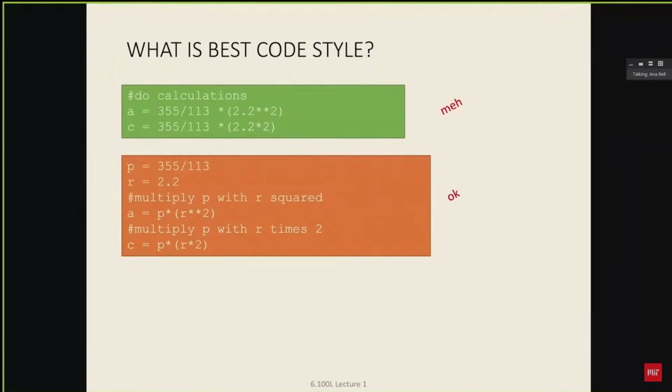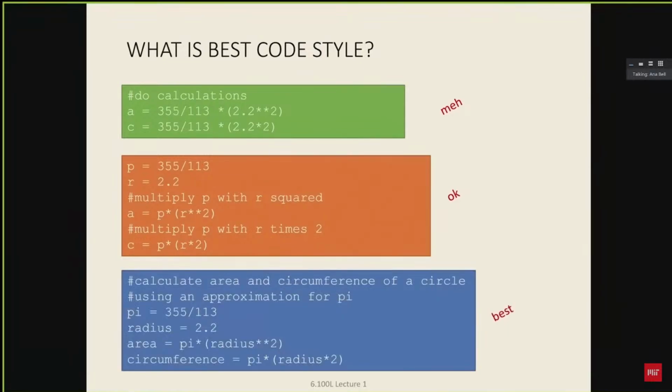I don't need to read that in English. What I would like to see is a comment like this. Here I'm commenting a chunk of code, and someone who doesn't want to read this chunk of code just reads the comment, and I already know that I'm calculating the area and circumference using an approximation for pi. That's a pretty nice comment there, and good descriptive names and all that.